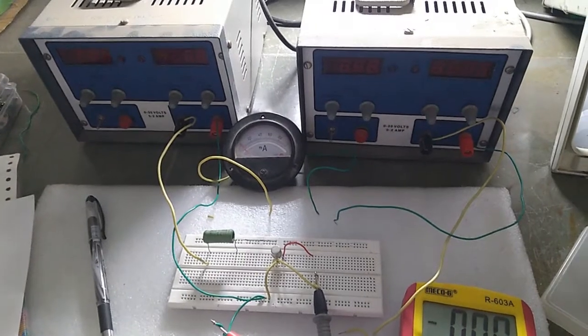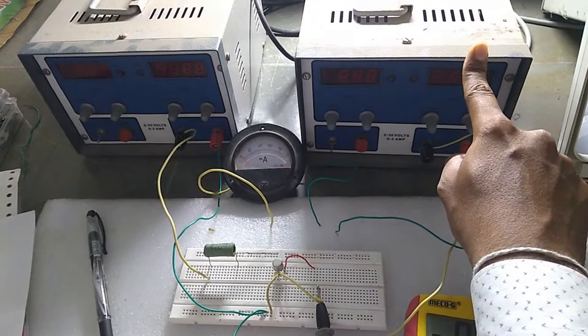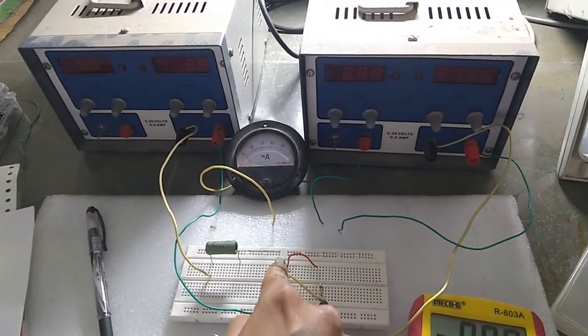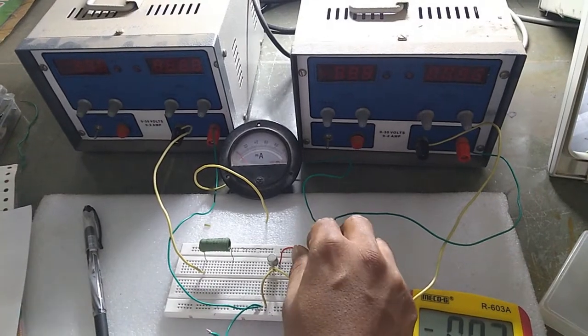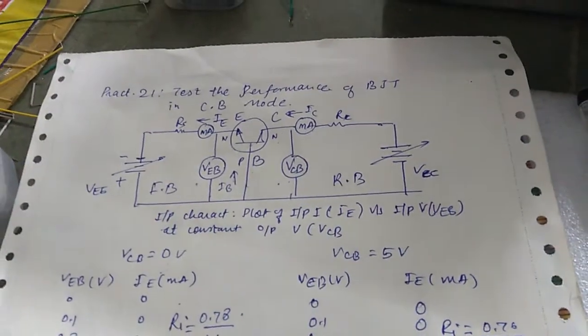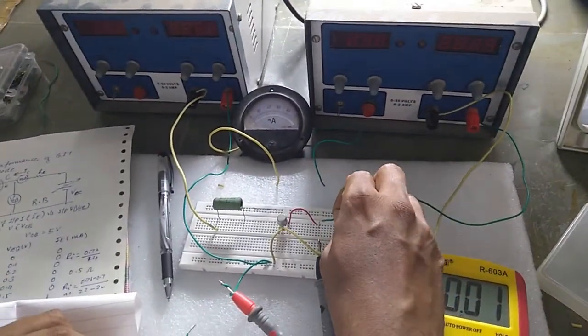For plotting the output characteristics, let us connect the output voltage source to the common base configuration. So collector is the output terminal, and with respect to this circuit, the positive terminal of battery is connected to collector. So I will connect the positive terminal of this battery to the collector terminal.